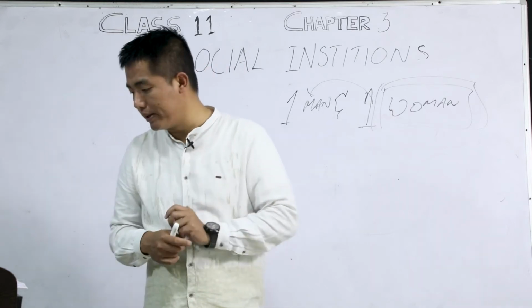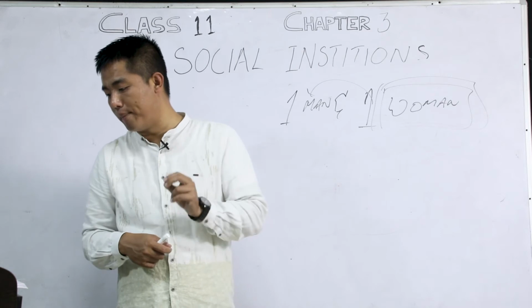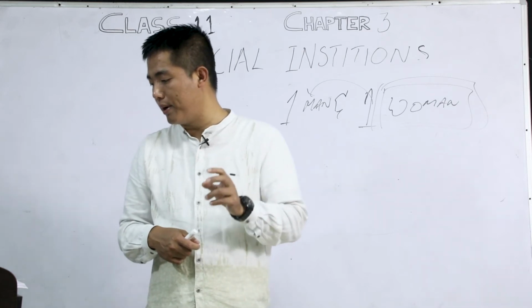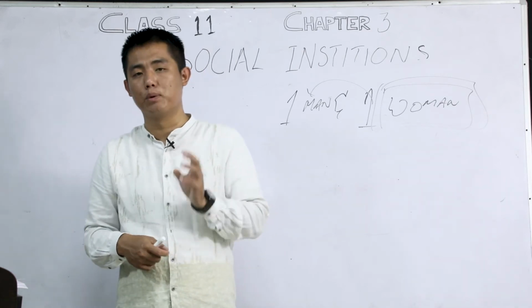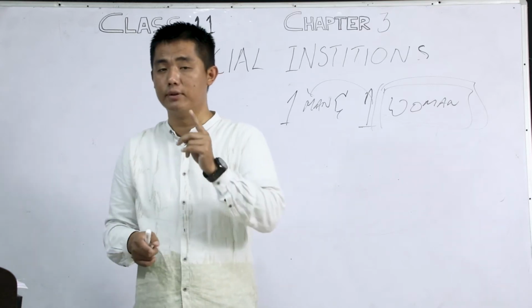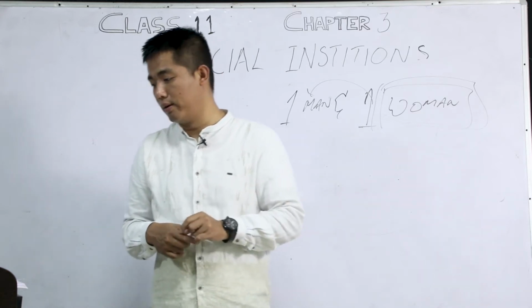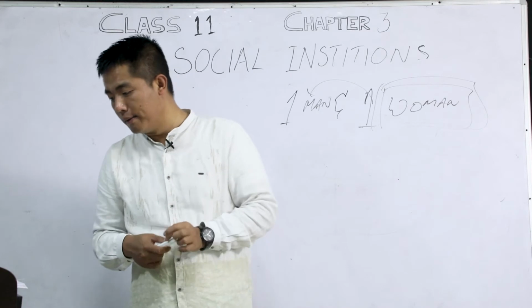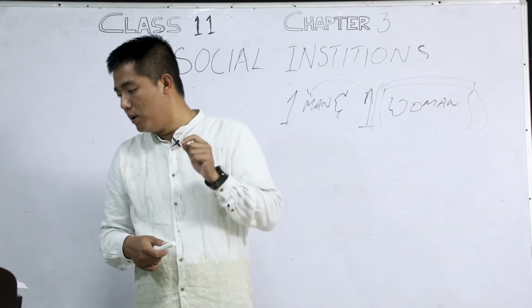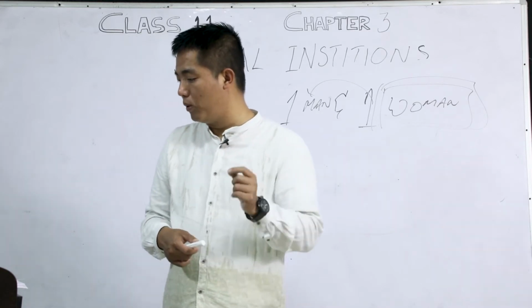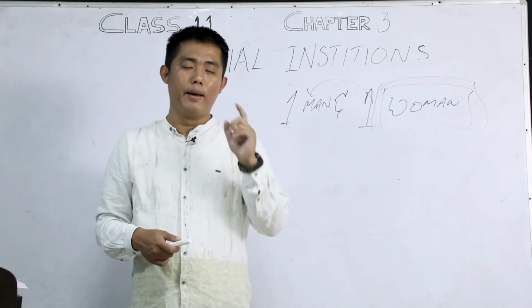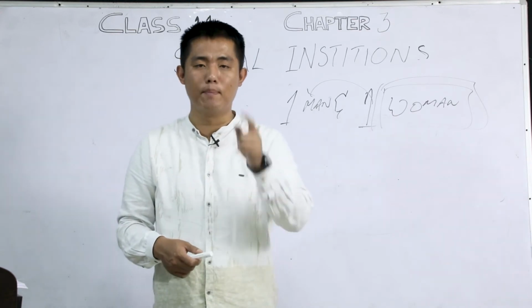The next type of marriage is called polygamy. Polygamy is also called multiple or plural marriage. It is given on page number 31, the second point. It is a marriage in which either the woman has more than one husband or a man has more than one wife.